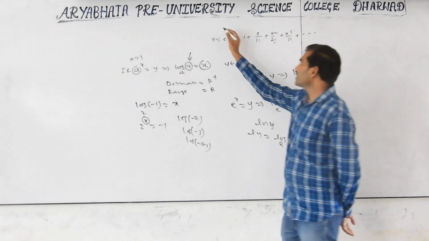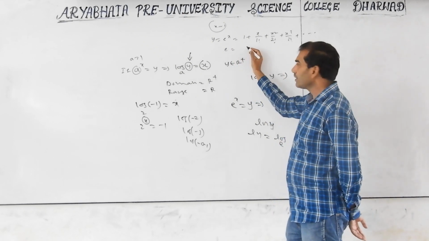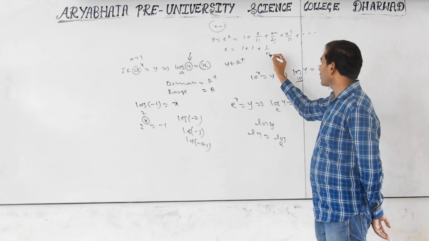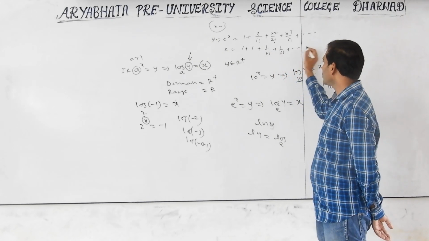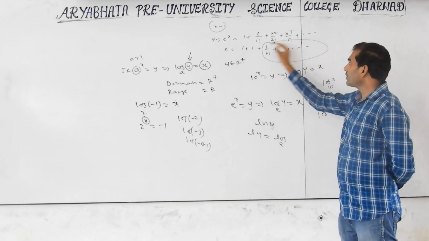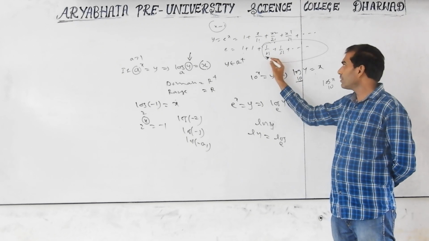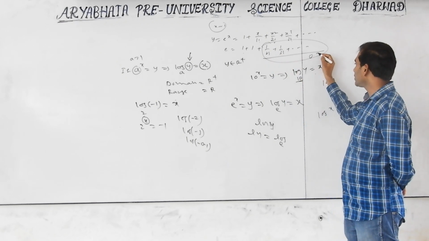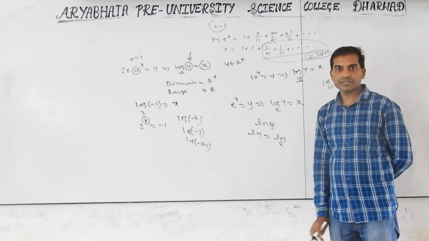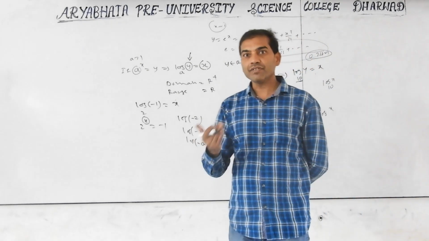If you put x is equal to 1, then e raised to 1 equal to e, 1 plus 1 by 1 factorial is 1, 1 by 2 factorial, 1 by 3 factorial, and so on. 1 plus 1 how much? 2. All together this never crosses 1. All together we get 0.713 like this, never crossing 0.8. So 2 plus 0.7, how much is 2.7 something, the e value.